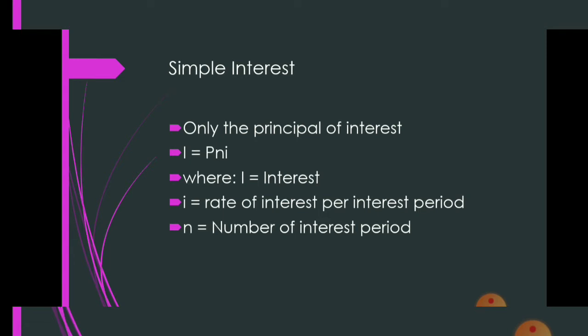Where big letter I is equals to interest, small letter i is equals to rate of interest per interest period, and n is equals to number of interest period. So, hindi ko nasali ang P. Ang P natin is principal of interest, yung principal.